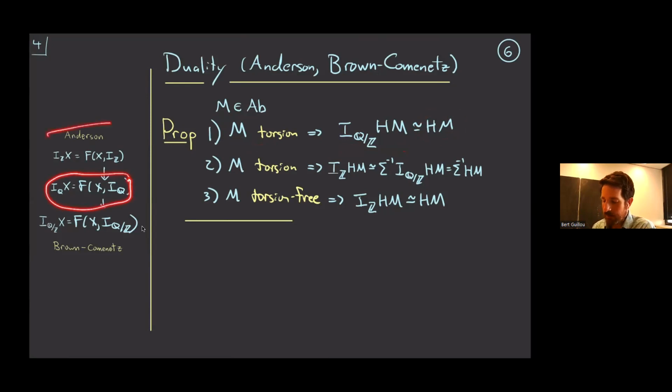If we think about the fiber sequence defining the Anderson dual, then in the torsion case we're led to the conclusion that the Anderson dual is related to the Brown-Comenetz dual via a shift, just because the rational cohomology vanishes in that case. So for torsion M, the Anderson dual is the desuspension of the Brown-Comenetz dual, which was just the original Eilenberg-MacLane spectrum itself.